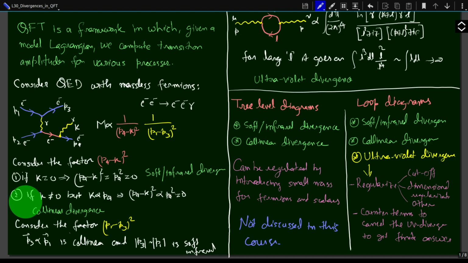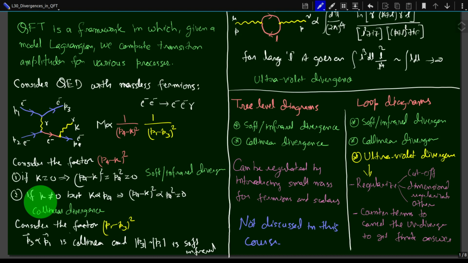A second case is that K is not equal to 0. So I have some momentum for the photon, but that 3-momentum is parallel to the 3-momentum of P4, the outgoing guy. In that case, P4 minus K is going to be proportional to P4 itself, and so the square of that is P4 square, which is again 0 because the mass of the final guy is 0.